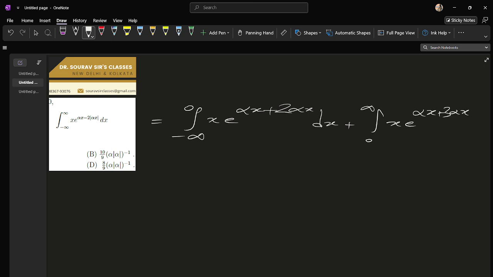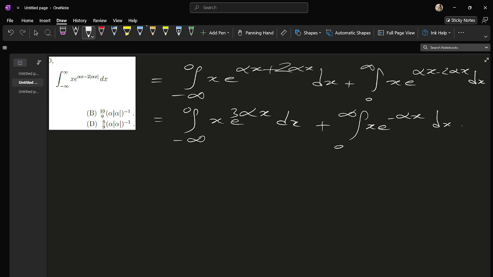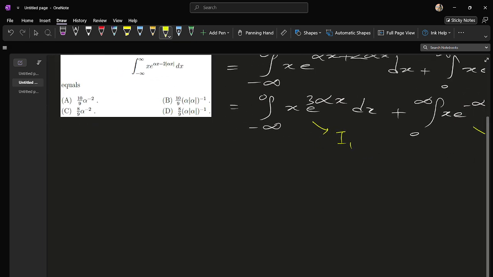So that equals the integral from minus infinity to 0 of x e to the power 3 alpha x dx, sorry, that will be minus 2, plus the integral from 0 to infinity of x e to the power minus alpha x dx. Let us call these I1 and I2.